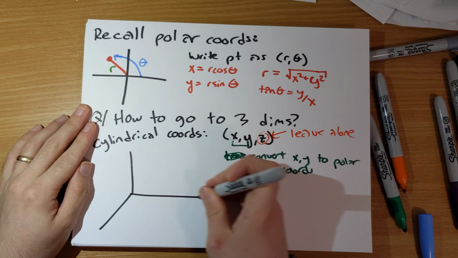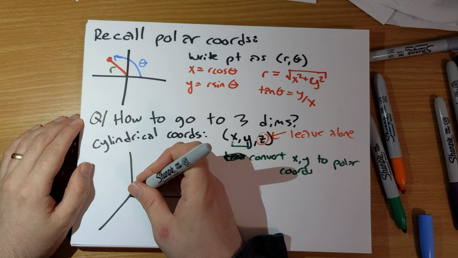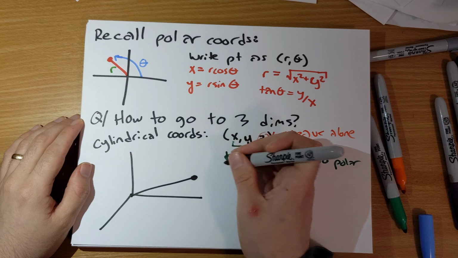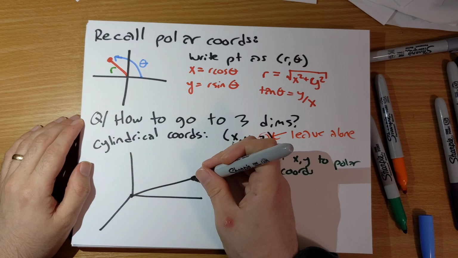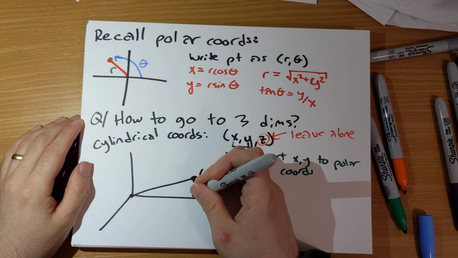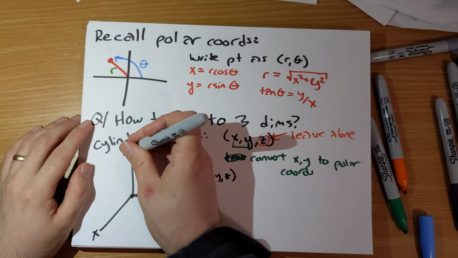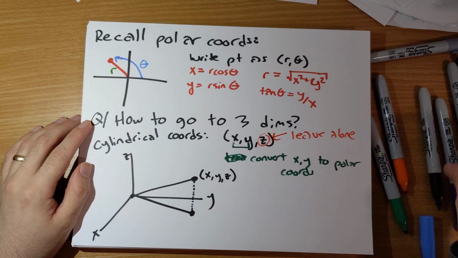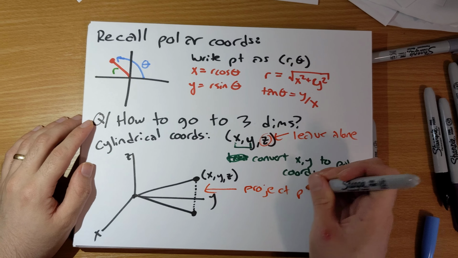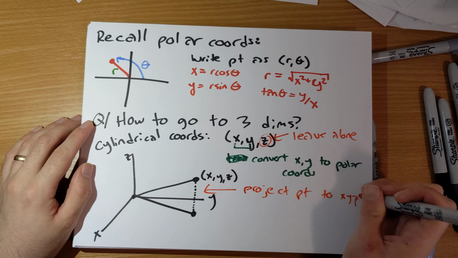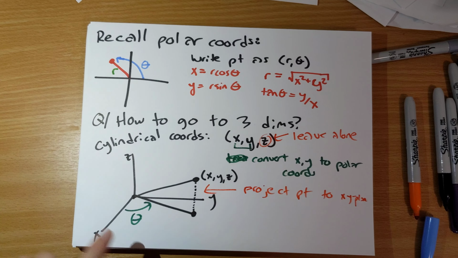Or another way of expressing this: here is a point x, y, and z. What we're going to do is project the point to the xy plane, and then find theta.